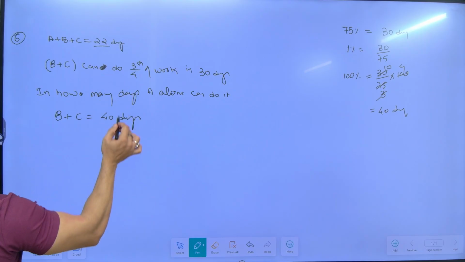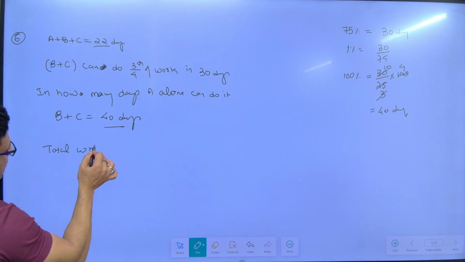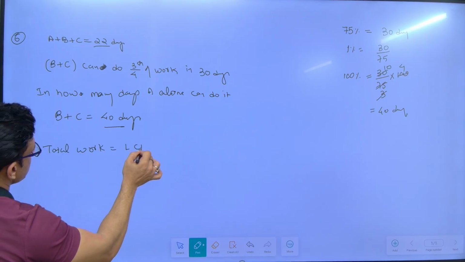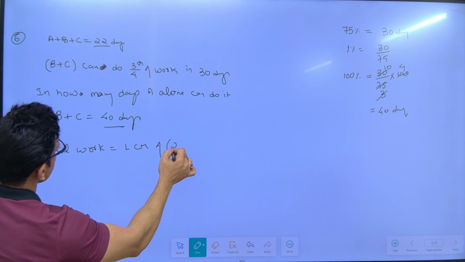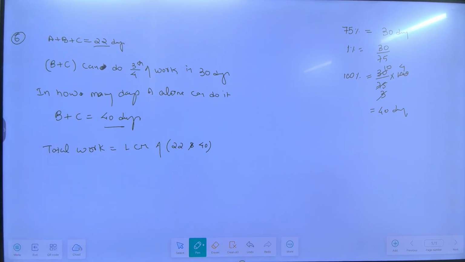You can find out total work using LCM, right? We don't know how to find LCM fatafat. 22 is 2 into 11. And 40 is 2 cube into 5.